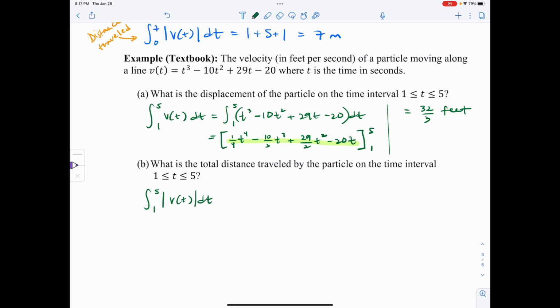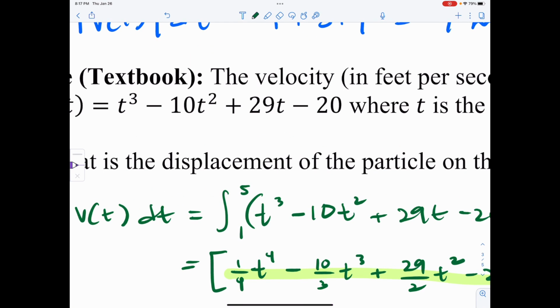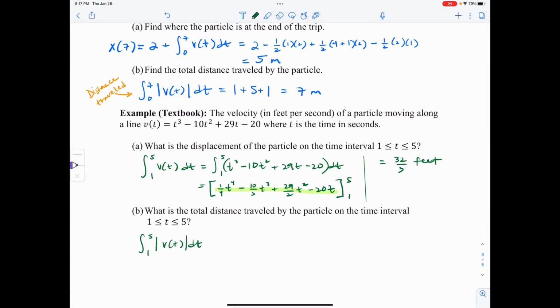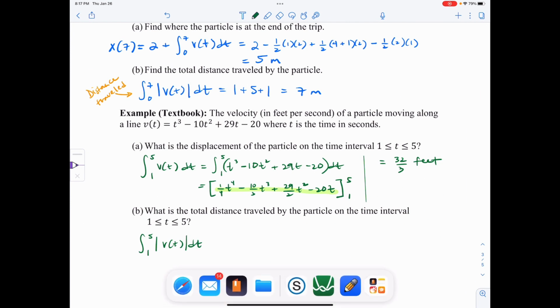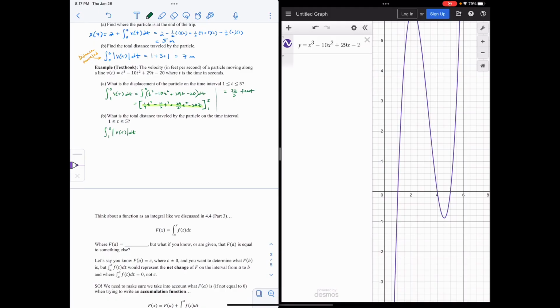Now, there are different techniques you could use. I would need to use the rational root theorem, I think, to factor this by hand. But since we are resourceful, I graphed this so that I could see what the x-intercepts are, right? So 1, 4, and 5 are the x-intercepts.